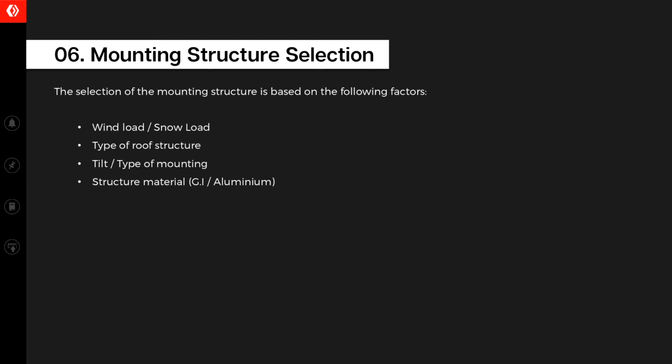One that is made from GI, that is galvanized iron, and the other that is made from aluminium. Aluminium structures are quite lightweight, but they have their own limitations. Similarly, GI structures are cheaper, but they are prone to corrosion.